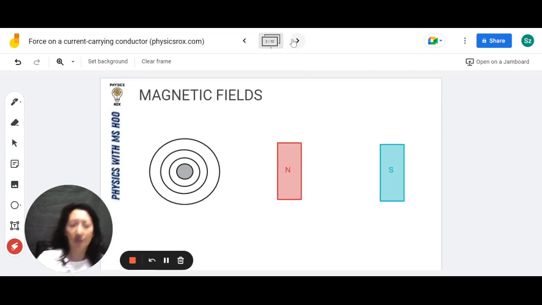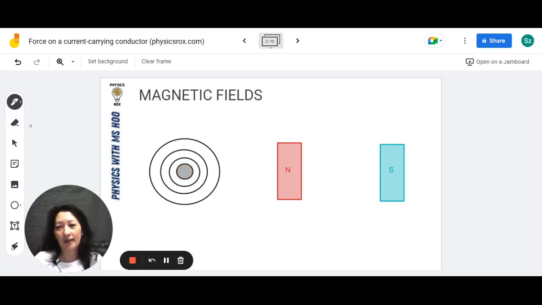Okay, so first things first, before we get to how the force is created, let's recall how magnetic fields look. On the left side here, this represents a magnetic field around the wire, in a 2D diagram. So this is the wire.